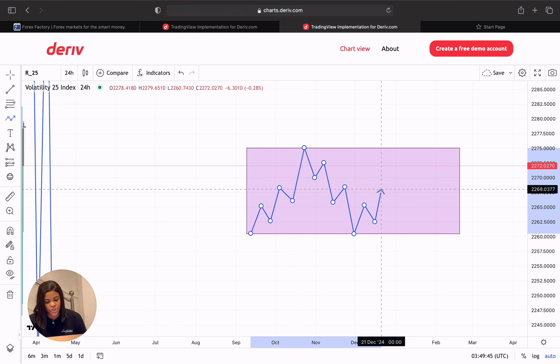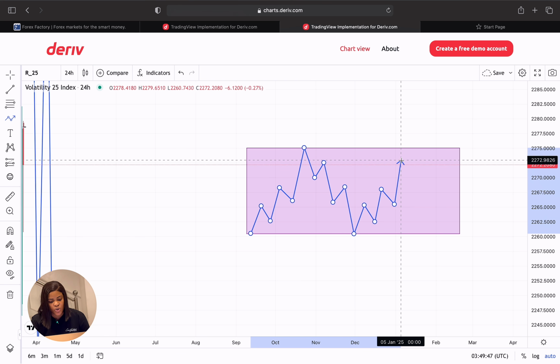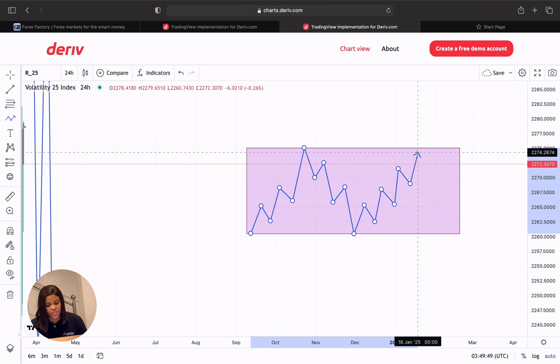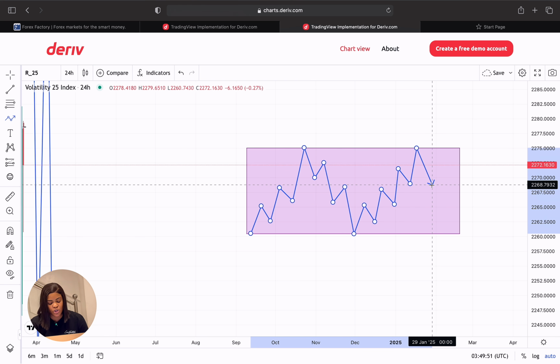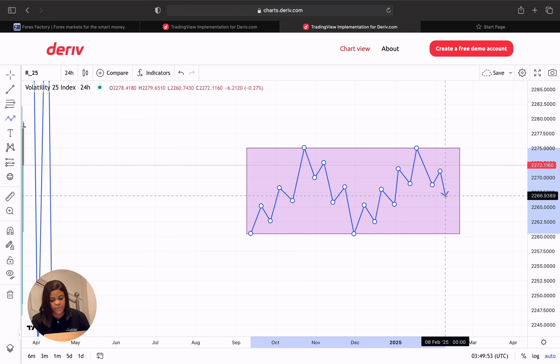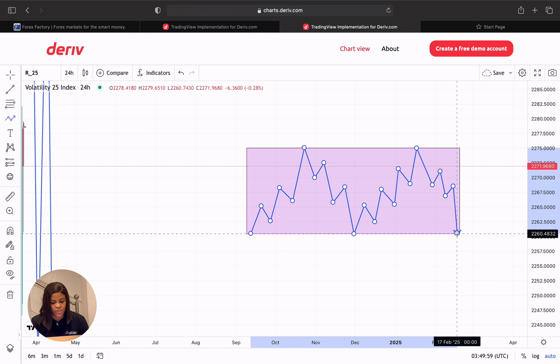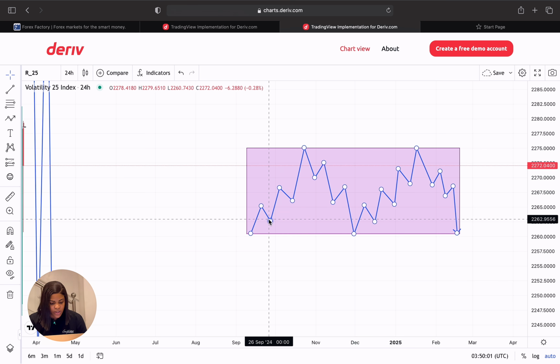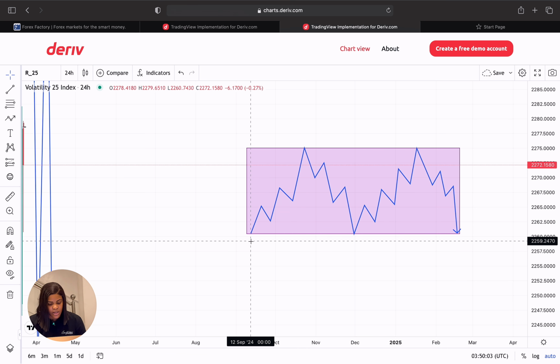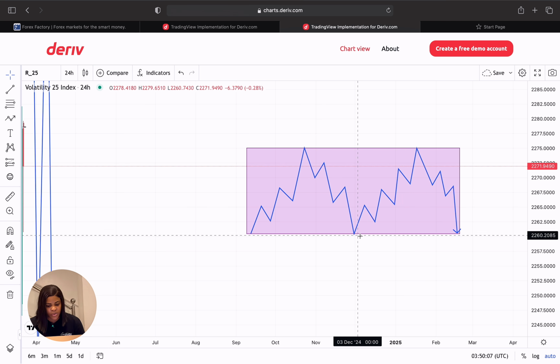So what opportunities do you look for when you see a ranging market? You look for buying and selling opportunities, because you can see the market is just going up and going down, right? So you look for buying opportunities somewhere around here, because you notice that whenever the market gets here, it goes up. Whenever the market gets here, it starts coming down. Whenever it gets here, it starts going up.